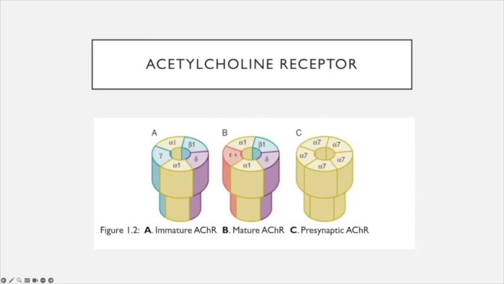Nobody really knows how that happens and all the processes that are involved. The postsynaptic acetylcholine receptors have been investigated quite extensively, but there isn't enough knowledge around how this actually occurs. The presynaptic acetylcholine receptor also has 5 subunits, but they are all alpha subunits.